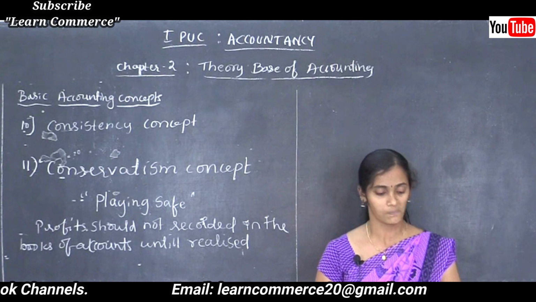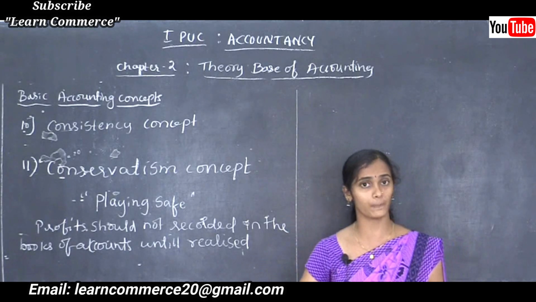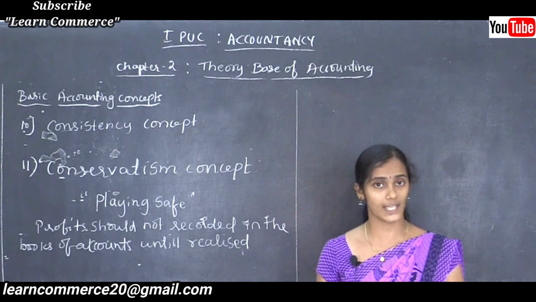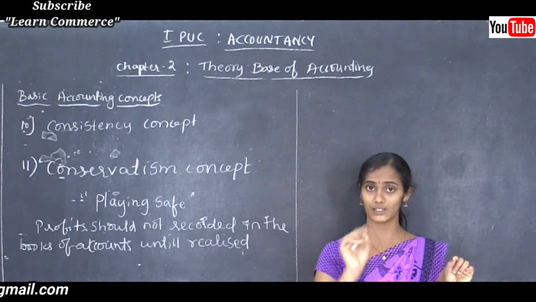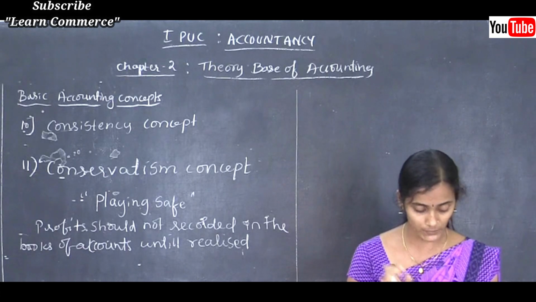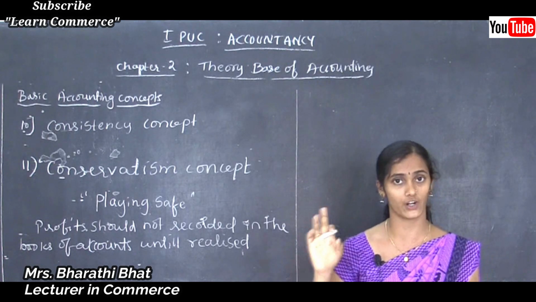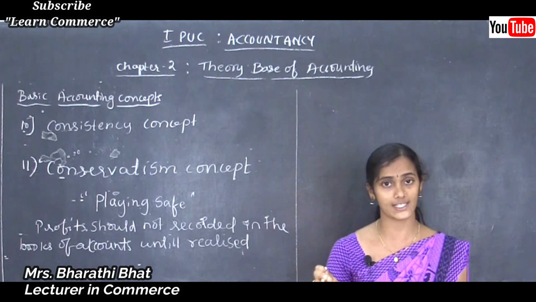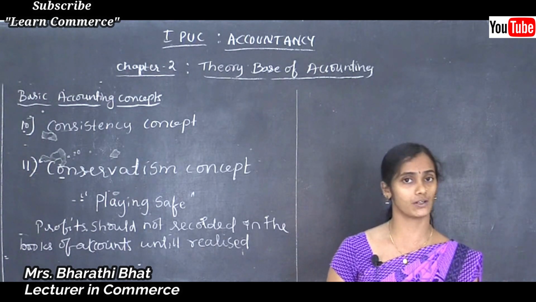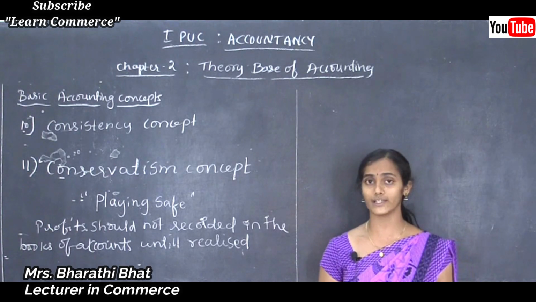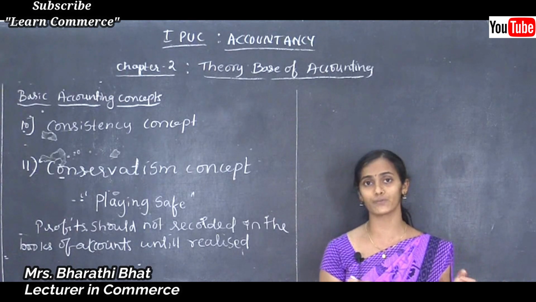Conversely, if inventory was bought for rupees 1,500 and is now valued at 2,000, we should not consider that 2,000. We should record the cost of the asset as 1,500, not 2,000. The gain on the asset can be recorded in the books of accounts only at the time of sale of the inventory or asset. Before that, we should not record the profit.